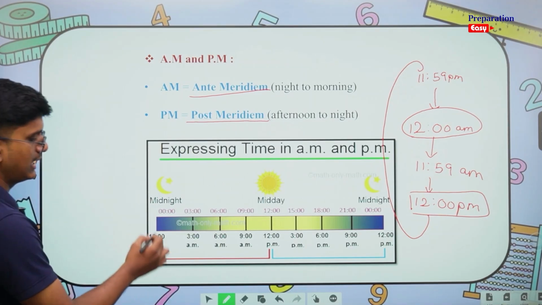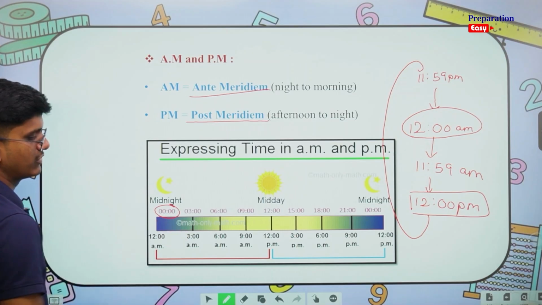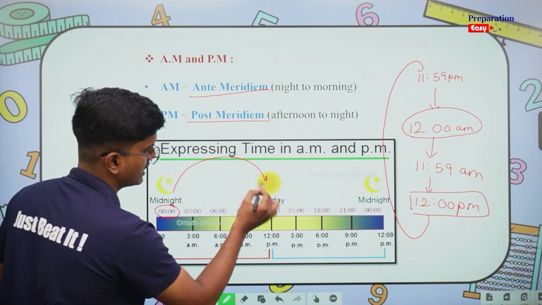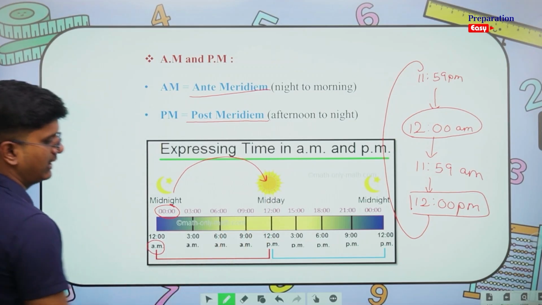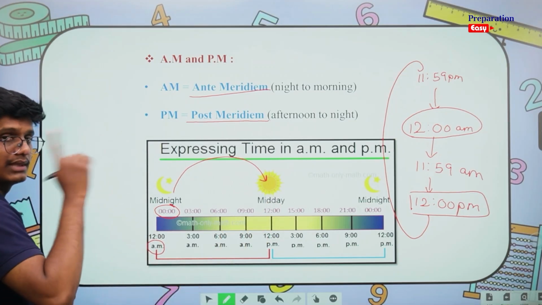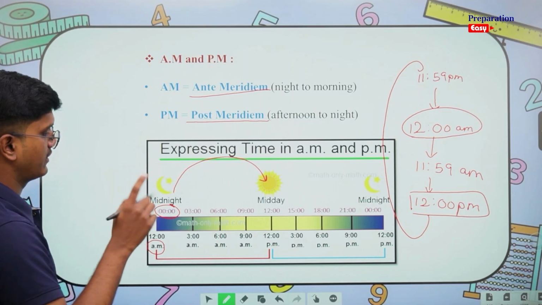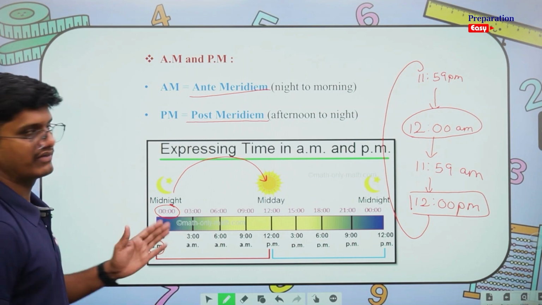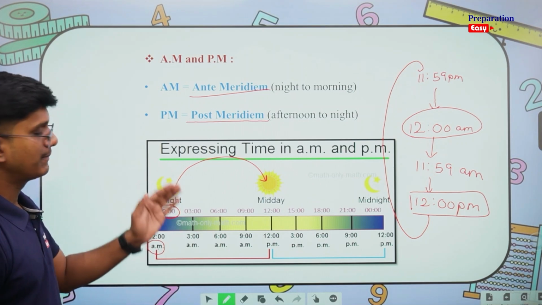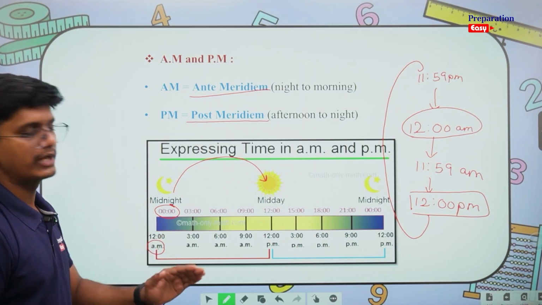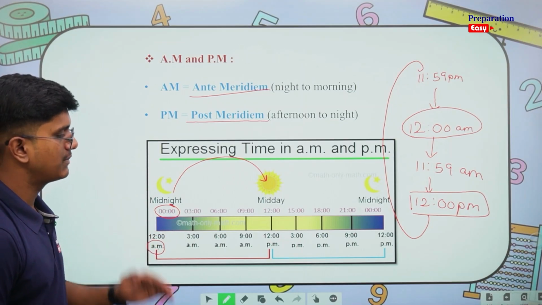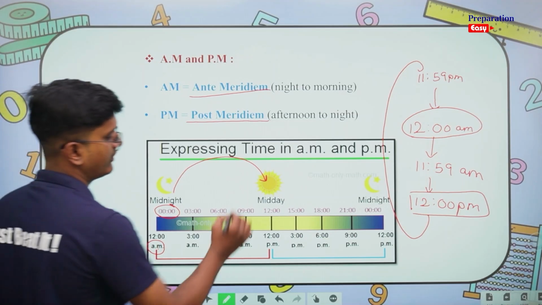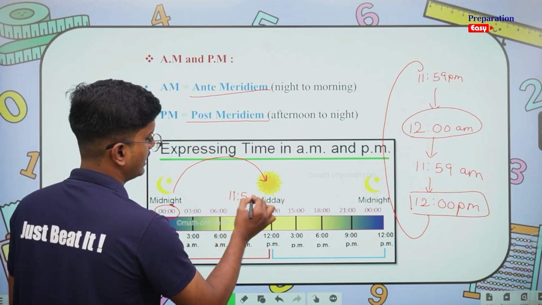So basically from midnight it will be 00, right? It will be 12 AM, and till midday, meaning till afternoon 12, it will be AM only, anti-meridian. So from night 12, which is midnight 12, we will say it as anti-meridian. So the times will be 1 AM, 2 AM, 3 AM, 4 AM, 5 AM, 6 AM, 8 AM, 9 AM, 10 AM, 11 AM. Till 11:59 we have AM.